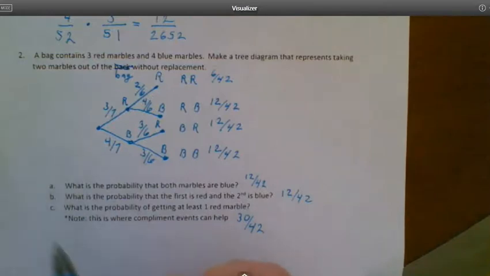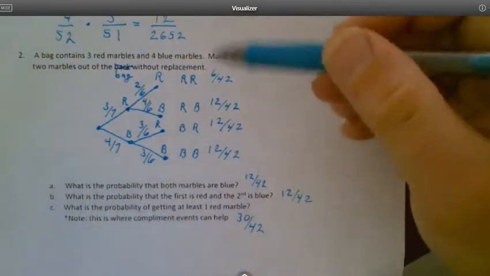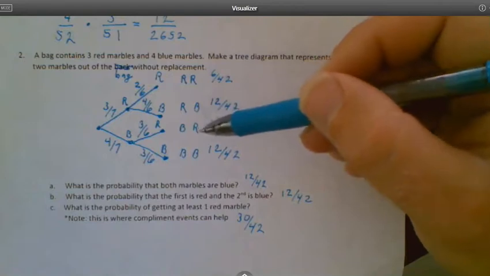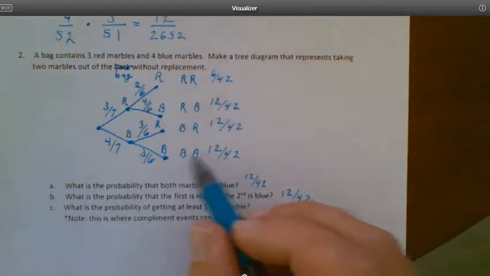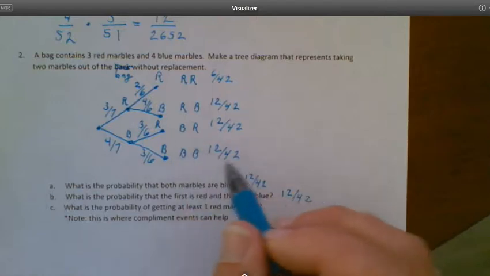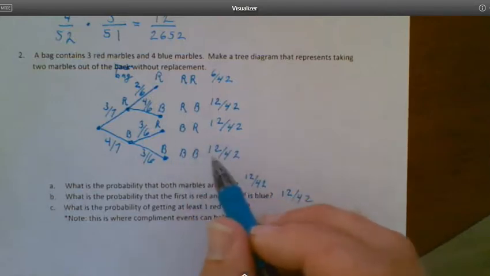Let me just mention one last little side note here and we'll close out the video. Complement events, remember, is subtracting out an item from one. Just like they're saying, what's the probability that you get at least one red? That was those guys. I also could have flipped it around and said, what's the probability that I don't get blue and blue? What's the probability that I don't get this scenario, right?